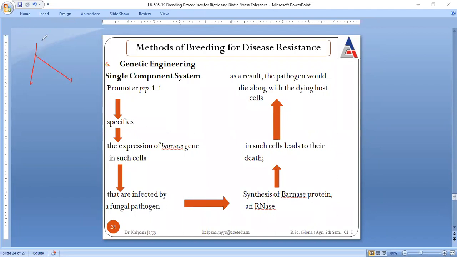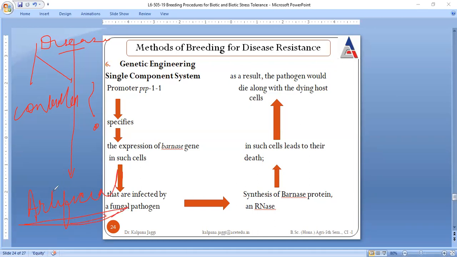One can be if any cell is affected by the disease, that disease can be controlled. But what to do for the other cases where the disease cannot be controlled? In this particular direction only, we need to look at artificial programmed cell death, right?